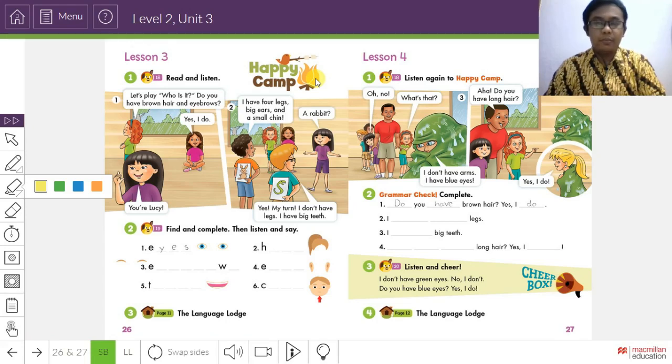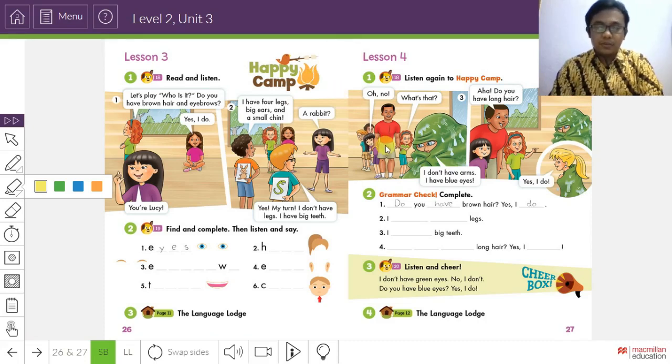I have brown color. What am I? Yeah, so that is a giraffe. Not this one, this is my clothes, so it's different. Okay, so for example, it's like that.